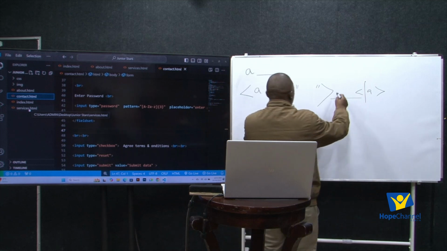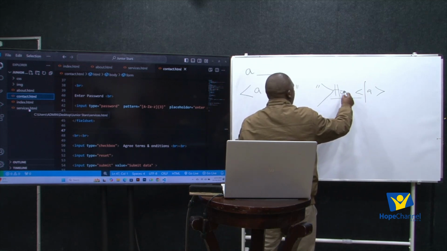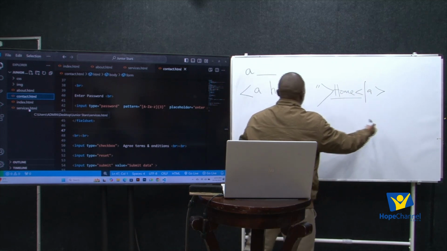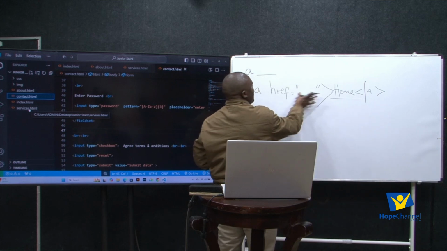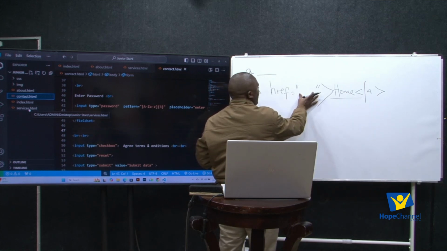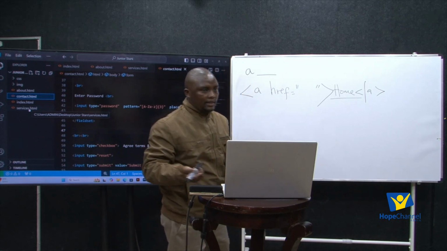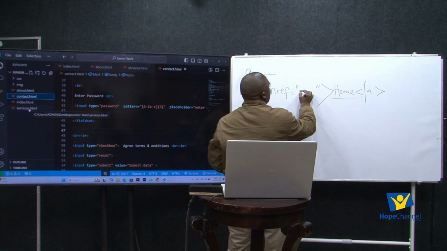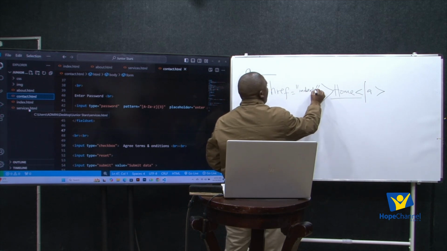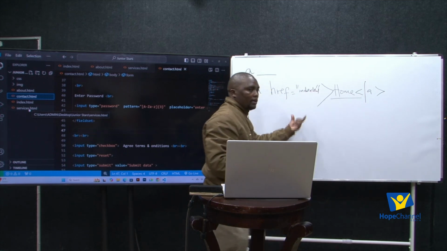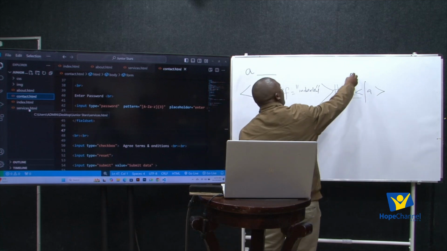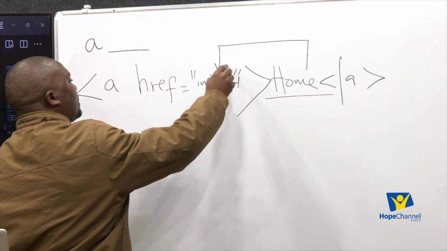For this case, we'll type what the user is expected to see, like home page, and then inside the href attribute, the value will be the specific page that we are targeting. For example, if you are targeting the index page, then we'll have it here, index.html. That means when people click home page, then they will be taken here.